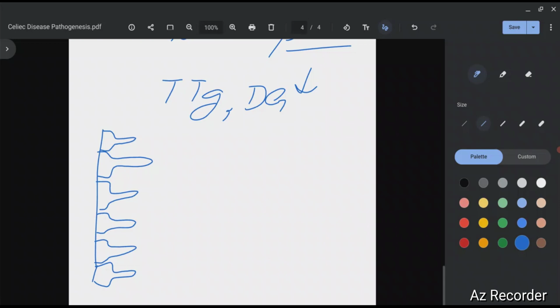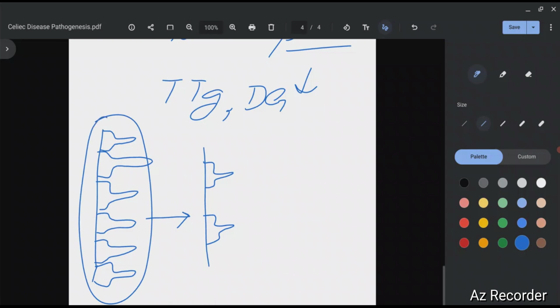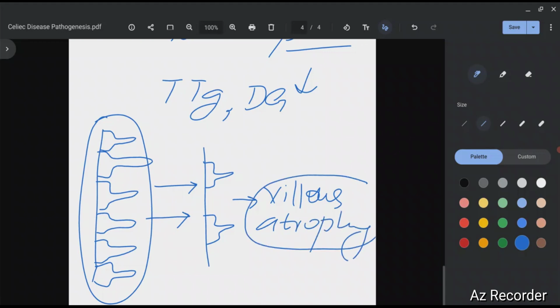So when you have loss of enterocytes, this becomes this now. If this is normal, and this becomes this, you have villus atrophy in your intestine. You don't have villi, obviously, because you don't have those enterocytes on which you have villi. So you have villus atrophy. This is the characteristic feature of celiac disease. Don't forget this, okay? So this is very important.